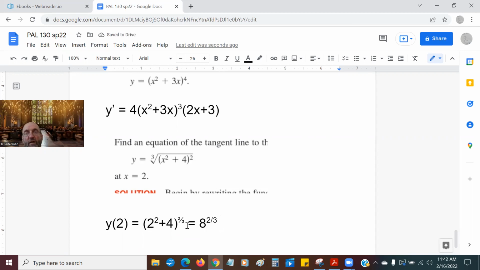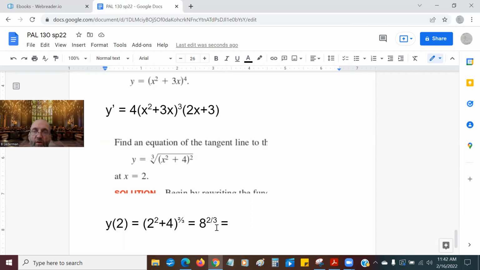Now the 2 in the numerator is an exponent, and the denominator is a radical. What is the cube root? It doesn't matter which order you do it in, but I like to do the roots first to keep the numbers smaller.